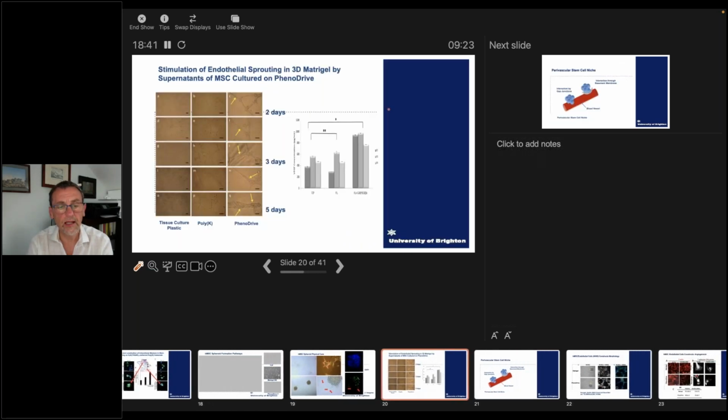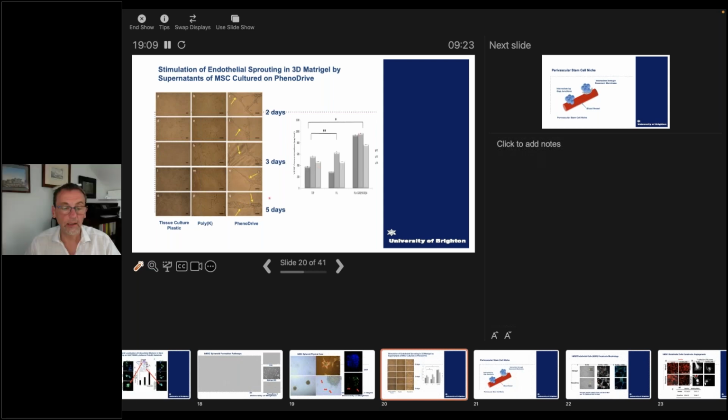Another interesting aspect was to look at the paracrine effect of these stem cells when assembled into spheroids. What we did was to culture, to do the experiment you have just seen, and then take the supernatant of those cells and use it to spike endothelial cells sitting on a Matrigel and look at the angiogenesis potential, the tubule-like formation.